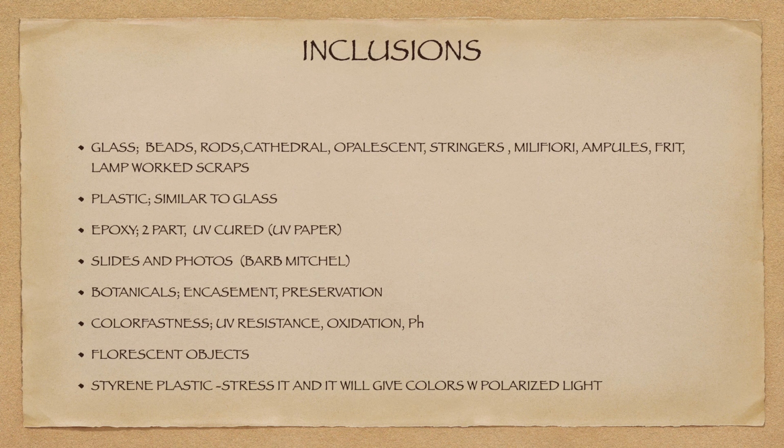We've already referred in part to the botanicals and encasing them in epoxy resins, whether it be 2-part or UV. Minwax has a product that is called wood hardener, and that's another option.